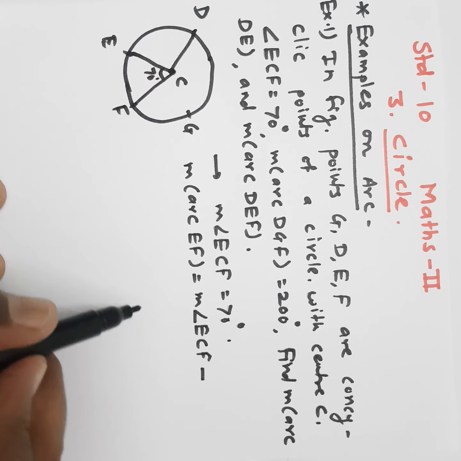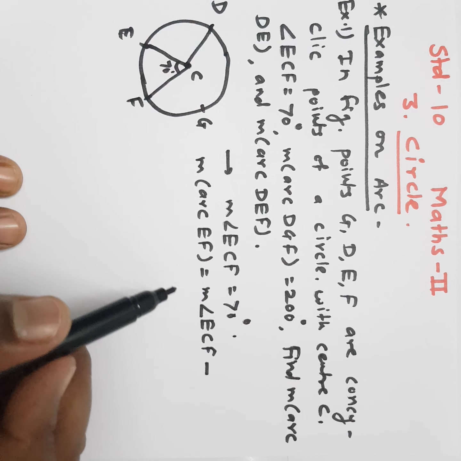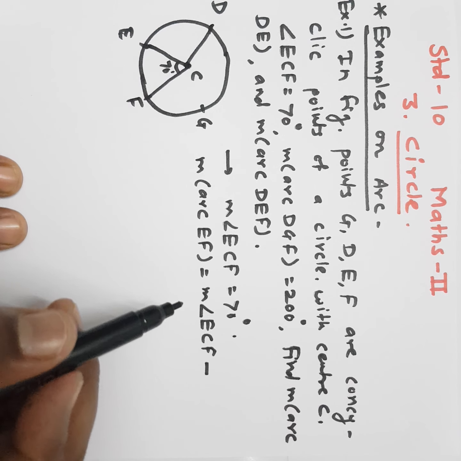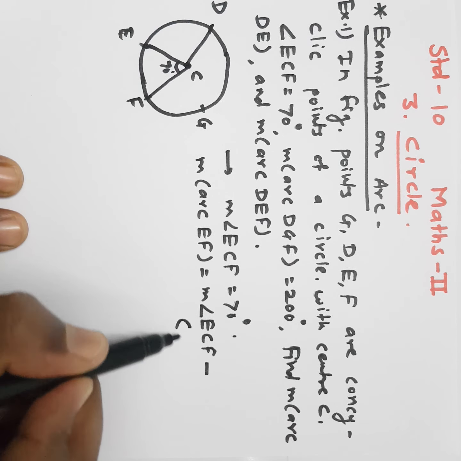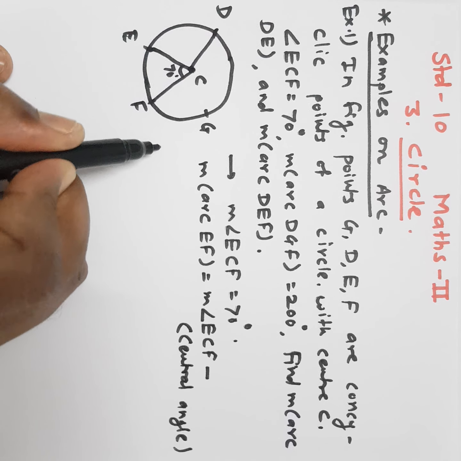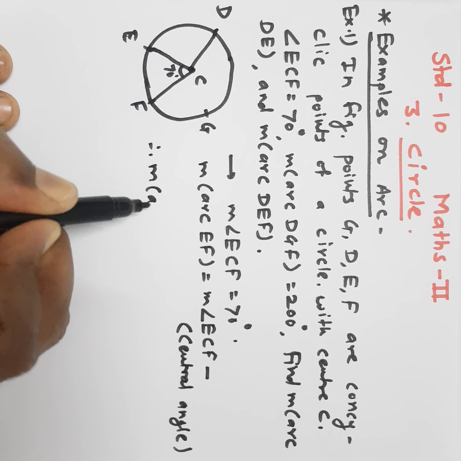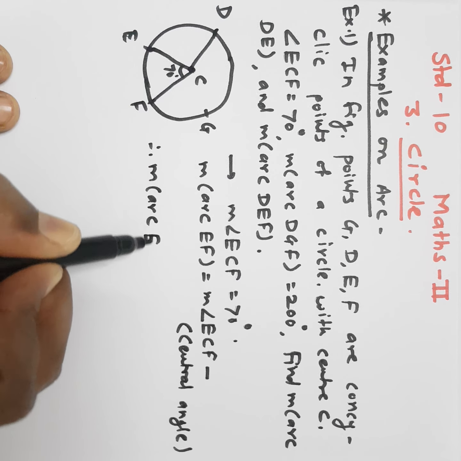It is the definition of the measure of an arc: the measure of an arc is equal to the measure of its central angle. Therefore, the measure of arc EF is equal to 70 degrees.